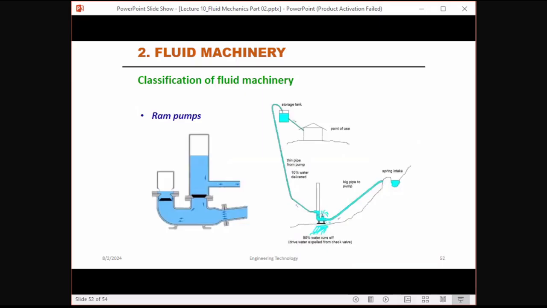ram pump. Okay, here you can see a ram pump. You can see this is the reservoir.